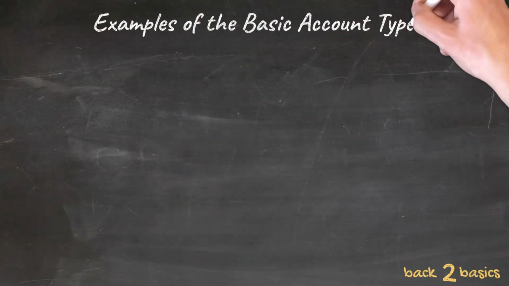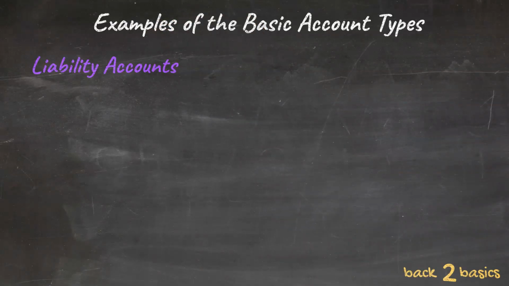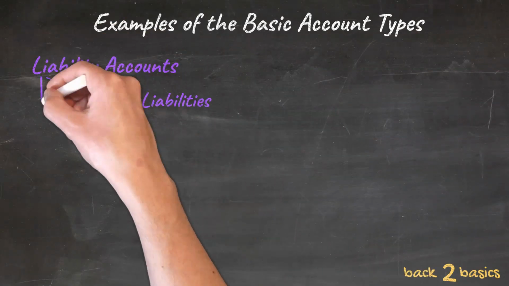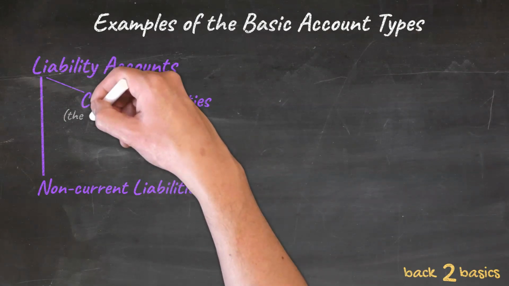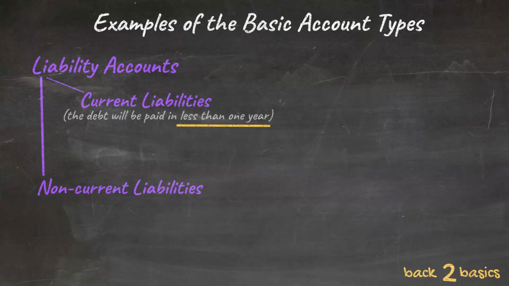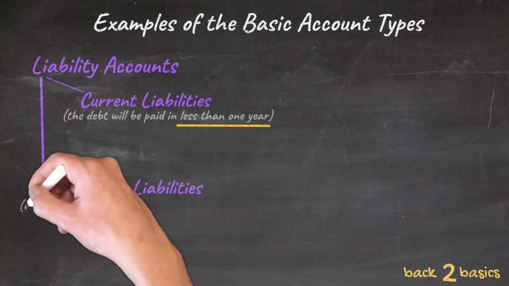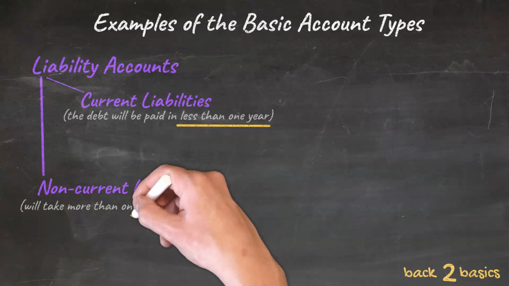Moving on to liability accounts. As already established, liability accounts show amounts that the business owes and must pay. Liability accounts are also divided into current liabilities and non-current liabilities. And as with assets, current liabilities means the debt will be paid in less than 1 year, and non-current liabilities will take more than 1 year to be paid.